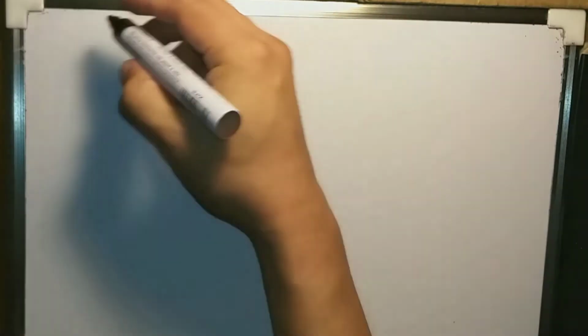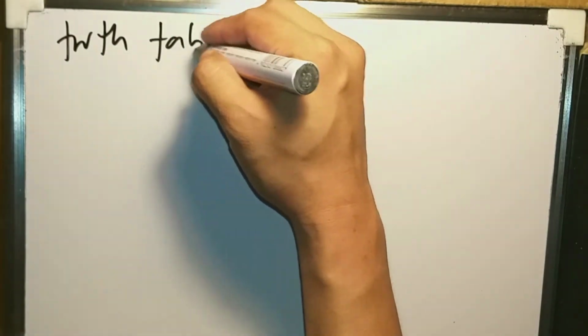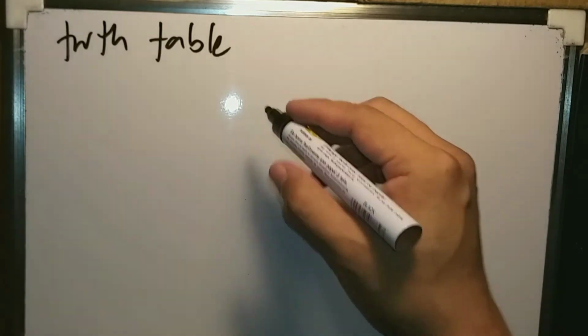So to have another perspective of the definition of the compound statement P and Q, we can use the so-called truth table. The truth table is simply a table composed of the truth values of a proposition.